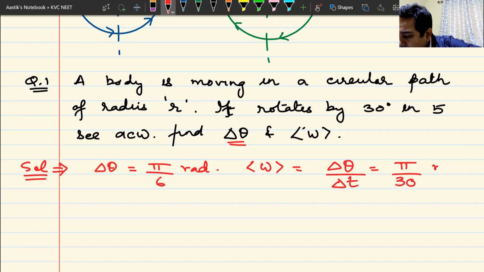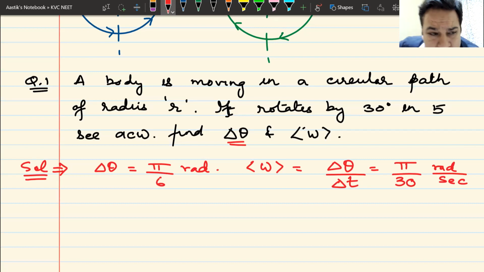Answer would be pi by 30 radians per second. Do we understand this? Everyone got this answer? Can I have some raised hands? Well done. If you have done this, well done. I will now move on to the next question.